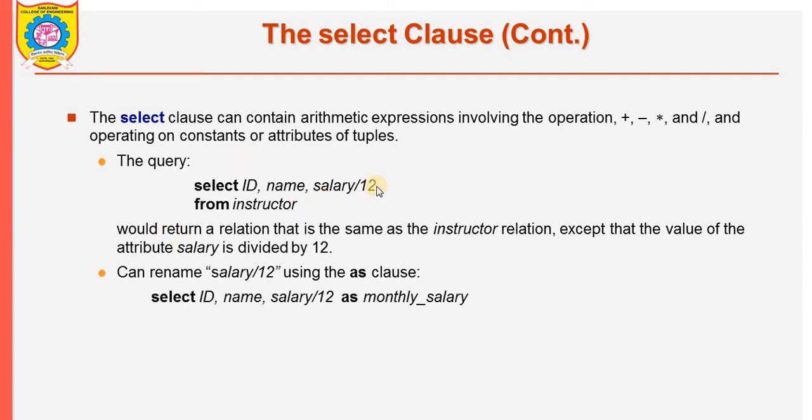This query will return a relation where ID and name are as they are from the instructor table, except that the value of the attribute salary will be divided by 12. You can rename salary divided by 12 using the as clause; the name will be monthly_salary.